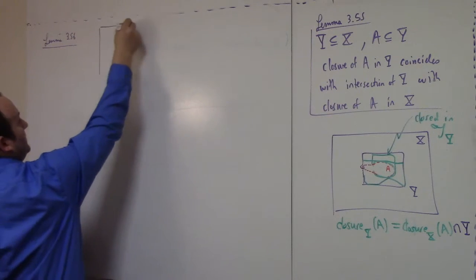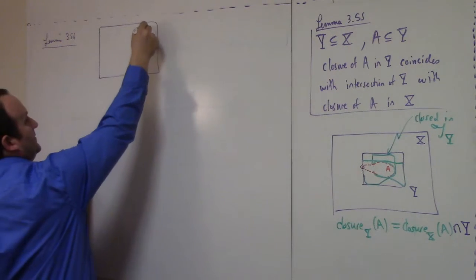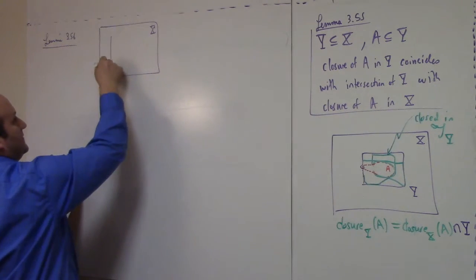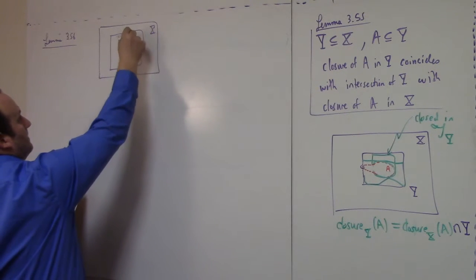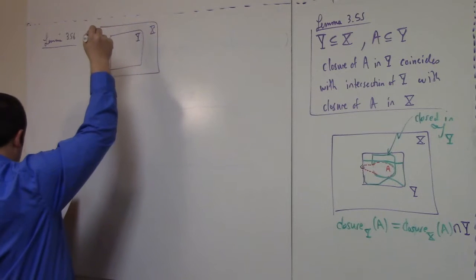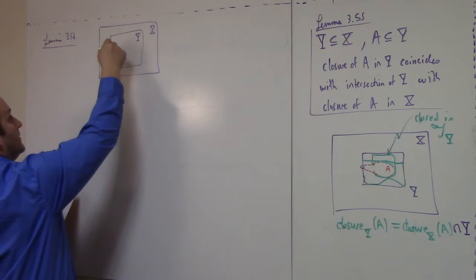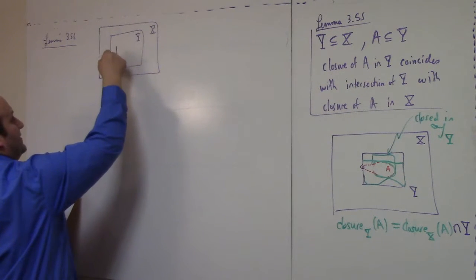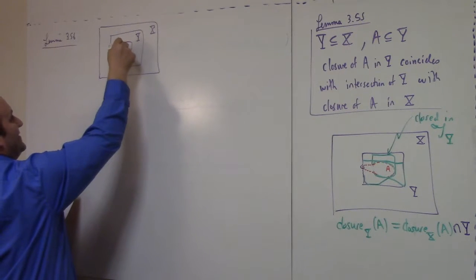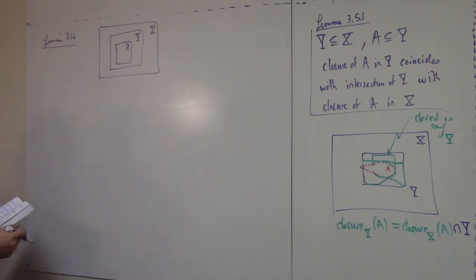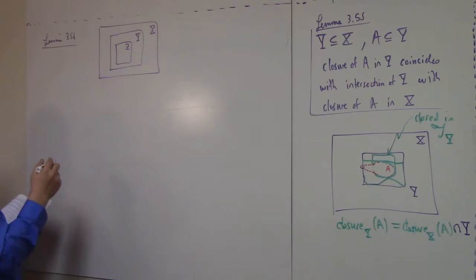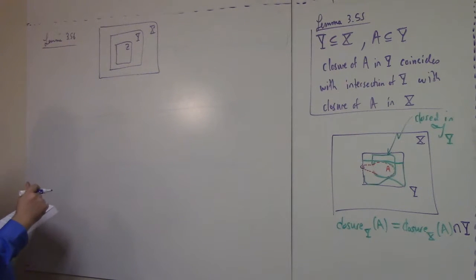Let me draw a picture. Here's X. Inside this is Y. Y is a subset. Inside this we have Z. So that's the story here: X is a topological space, Y is a subspace, and Z is a subset.